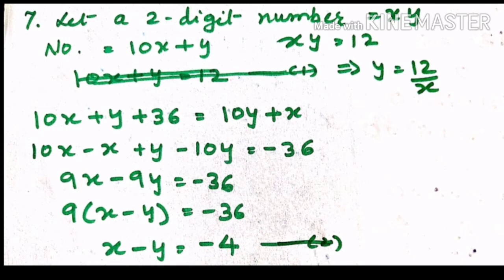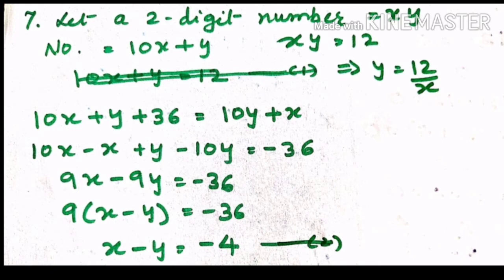Then 10x minus x is 9x, y minus 10y is minus 9y, is equal to minus 36. 9 we take common and write x minus y is equal to minus 36. Now x minus y is equal to, that 9 we write in the denominator of minus 36, it becomes minus 4. Now this is our equation: x minus y is equal to minus 4.